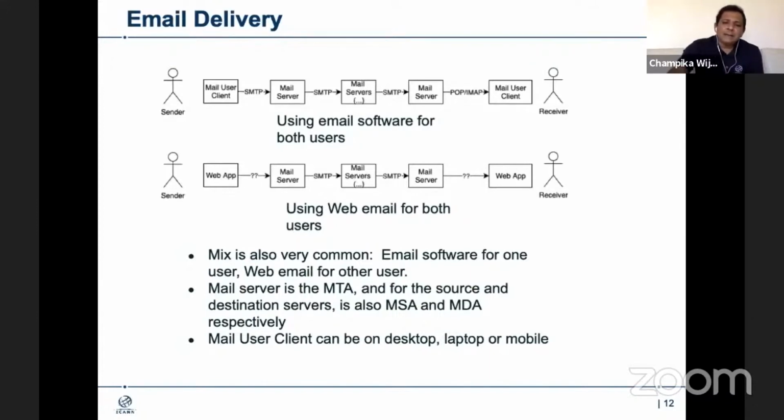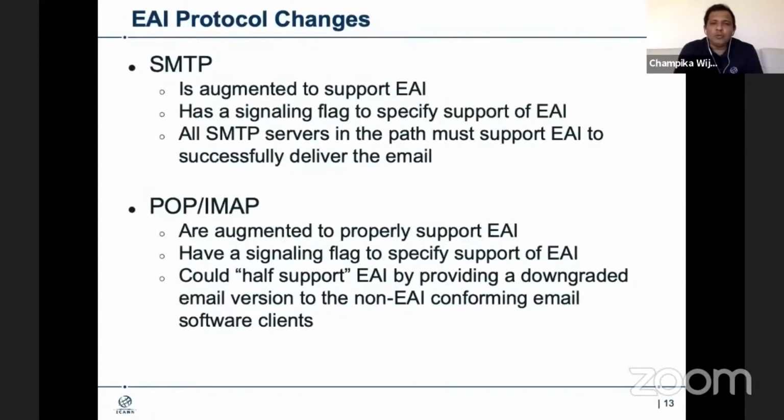Now, the important thing here is that in this whole path, all those different systems have to support the email address internationalization that I mentioned to you earlier, right? The local language scripts, different domains, and so on. So if you consider the protocols that we use in email delivery, between the mail transfer agents we use SMTP or ESMTP.